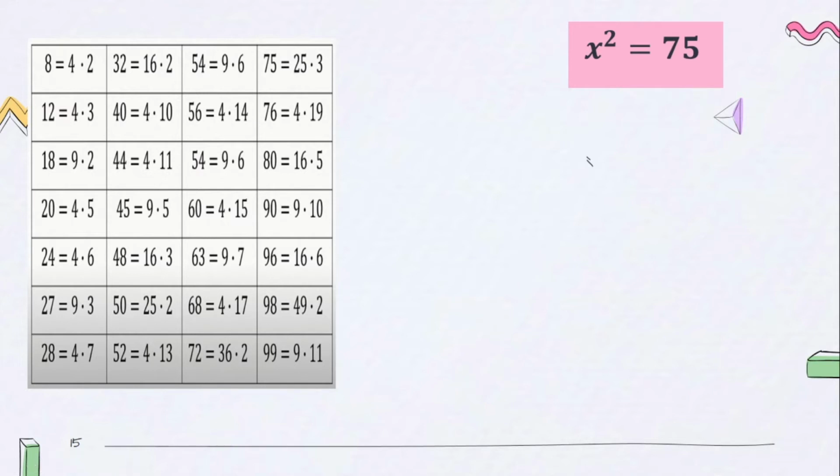x squared is equal to 75. Our given is not a perfect square. So first, get the square root of both sides. So we will now have the square root of x squared is equal to the square root of 75. So what are the factors of 75 that have a perfect square?